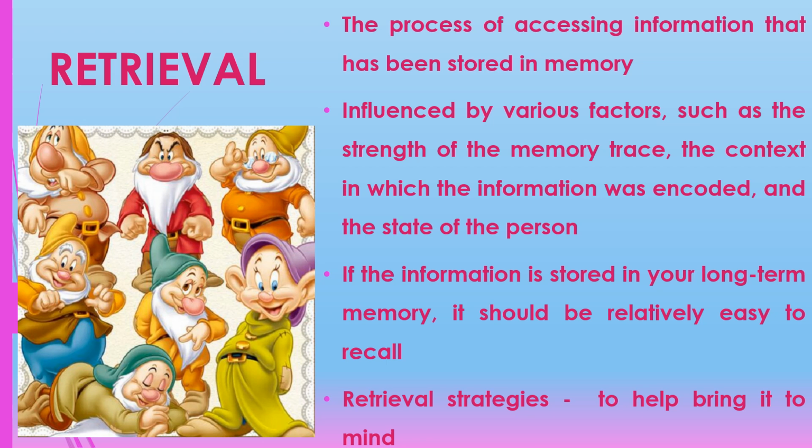If the information is not immediately retrieved, you might use various retrieval strategies to help bring it to mind, like thinking about the personality traits of the dwarfs. While encoding, you used the personality traits, so it will help you to easily recall what is stored in your memory. So that is the retrieval stage.